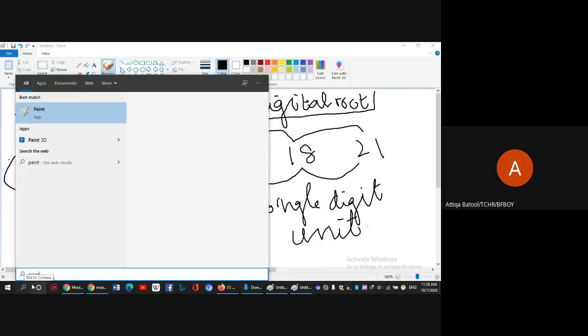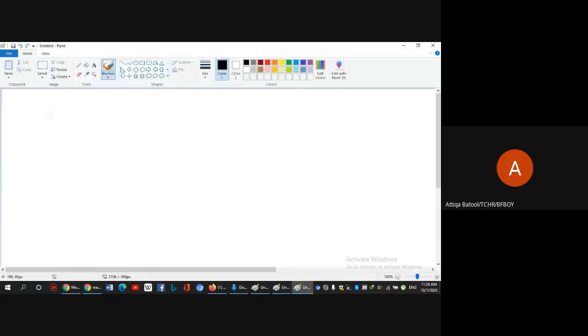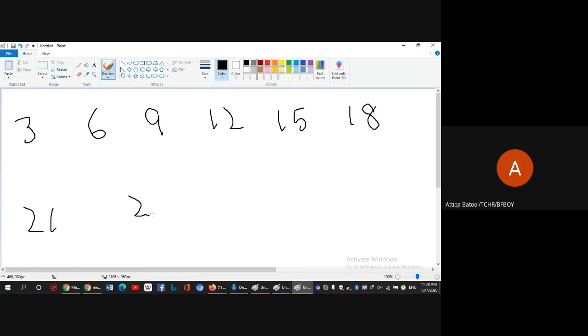All right. Number 3. Number 4 is when we talk about, suppose we are saying 3, 6, 9, 12, 15, 18, 21, 24, 27, and 30. Now, how can we calculate the digital root of the multiples of 3?